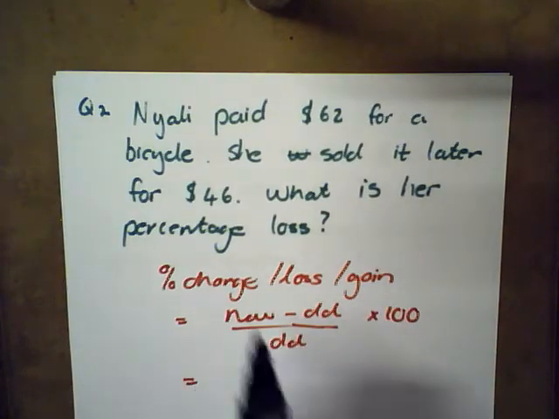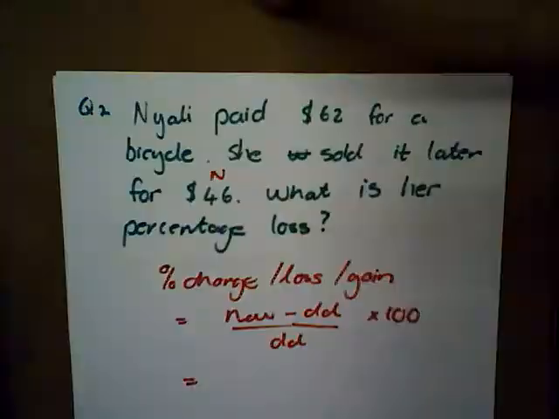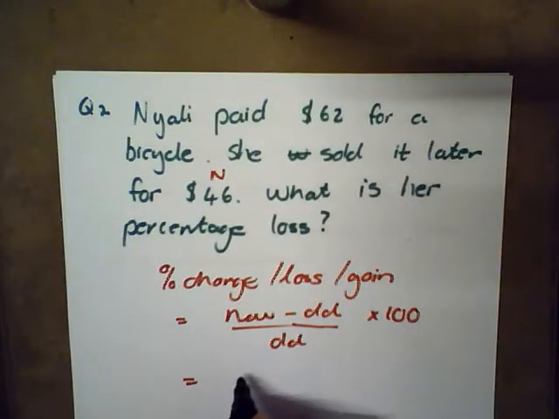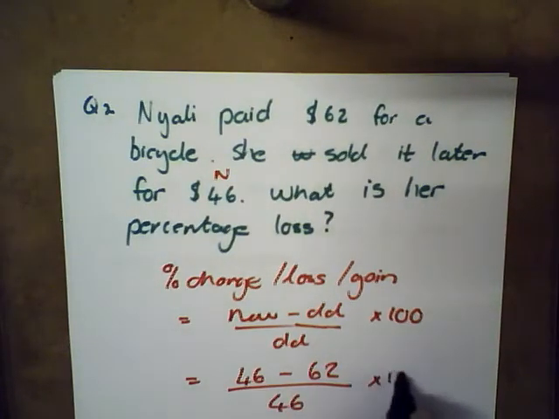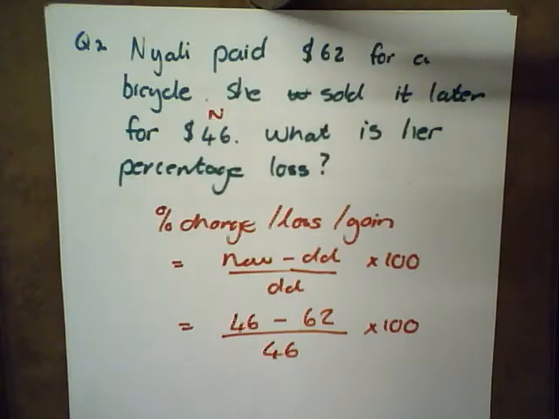Now, my new price is the price that she sold it later for. So that would be the $46 minus the 62 over the 46 times 100. We can do the calculation and that should give us 25.80. Oh, sorry, percentage. Okay, percentage. Okay.